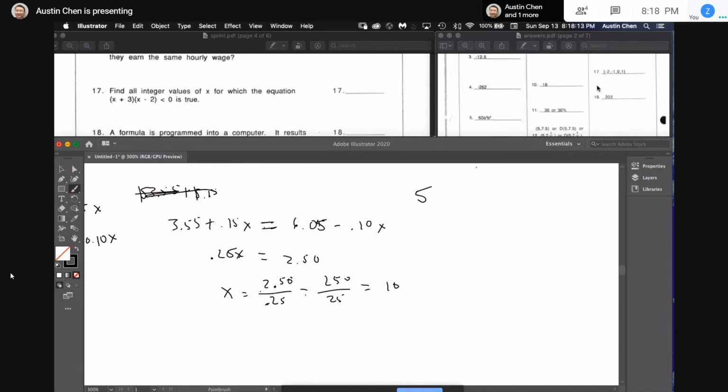Okay, another way you can do this, and I feel like this will be a quicker way if you're able to visualize it: one person is earning 2.5 dollars more per hour than the other person, and then each six months, one person is moving up 0.15, the other person is moving down 0.1.